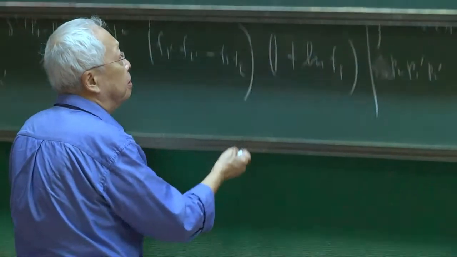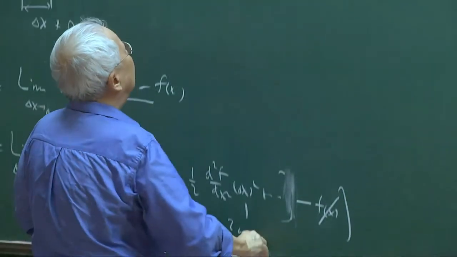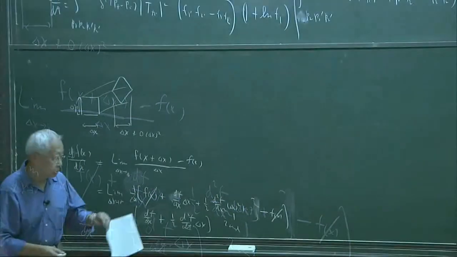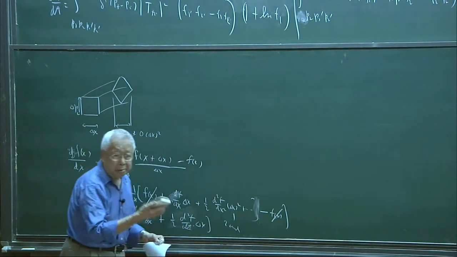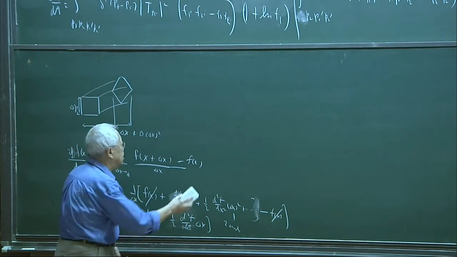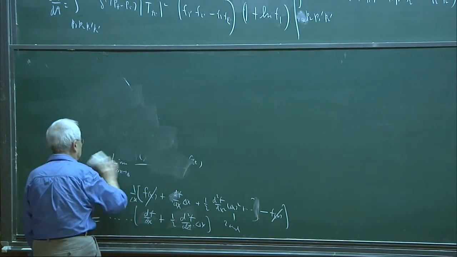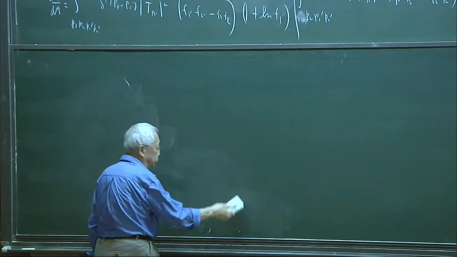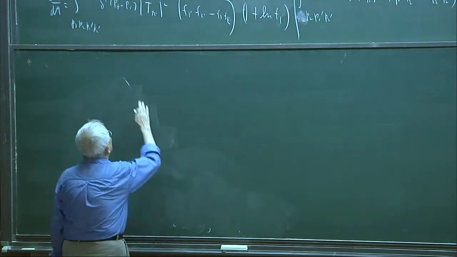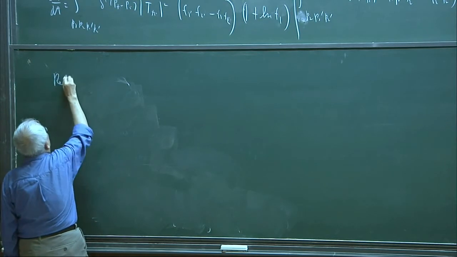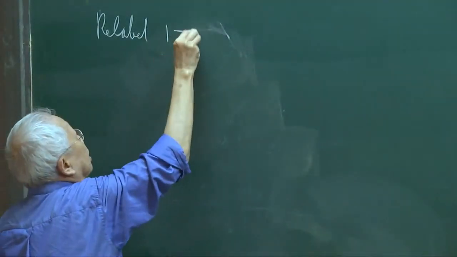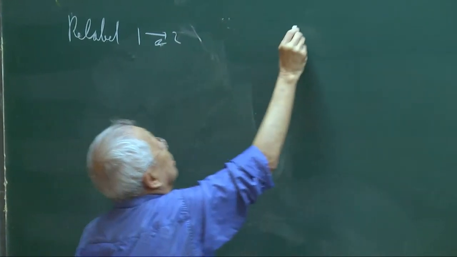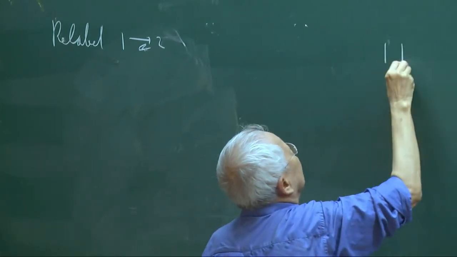Now you will note that this 1 is only an integration variable. You can call it something else. So we are free to relabel 1 as 2 and 2 as 1. So we interchange the labels 1 and 2. And the integral is the same because they are integration variables. So 1 goes into 2 and 2 goes into 1. This is the same, this is the same, but this becomes 1 plus log f2.